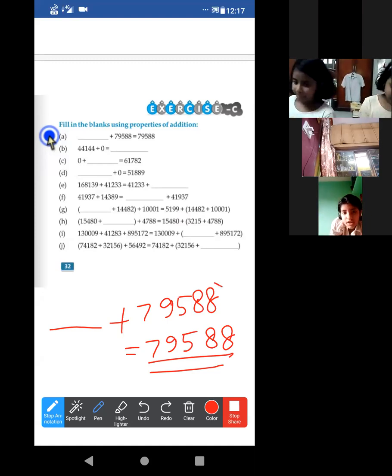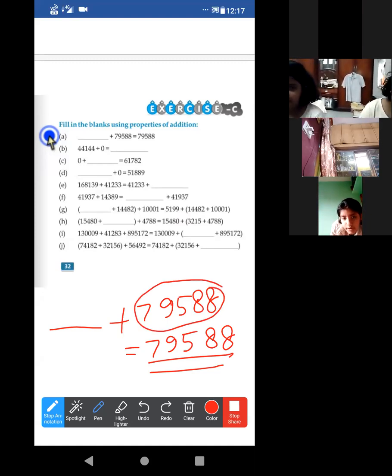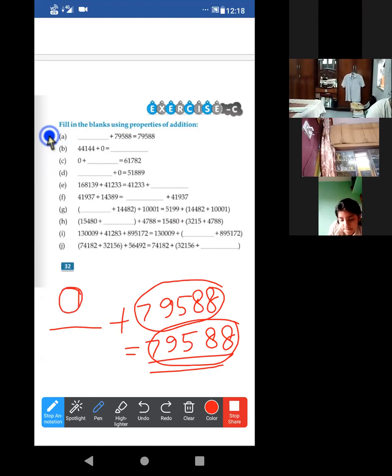Look, it is 79,588. Also, the answer is 79,588. If we add 1, then it will be 79,589. It will increase. So definitely, property of 0 we have to apply. We have to add 0. If we add 0, it is the property of 0.